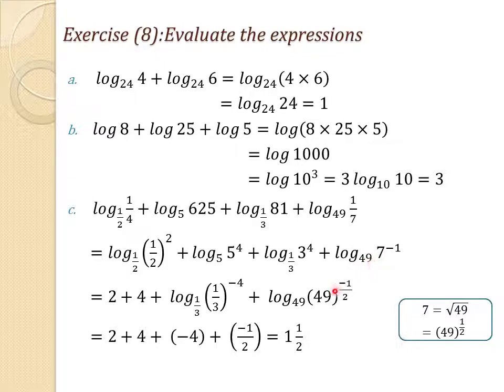I can say that 7 to the power negative 1 is 1 over 7, where 7 is the square root of 49. And then 49 and 49 give 1, and we multiply them by the number. And then we reach the solution just by adding and subtracting easy values and simple numbers.